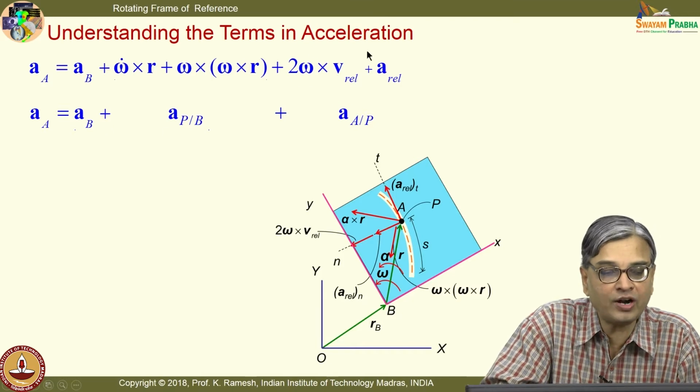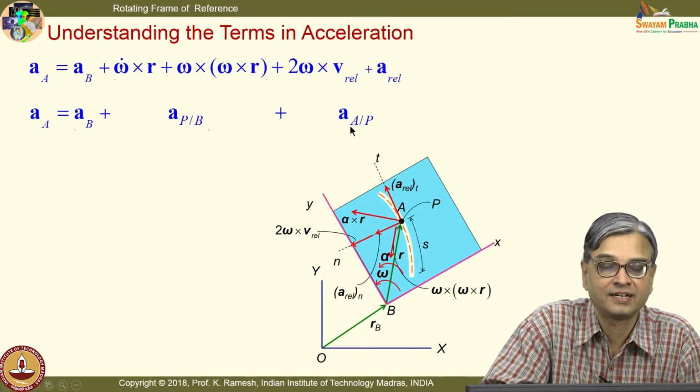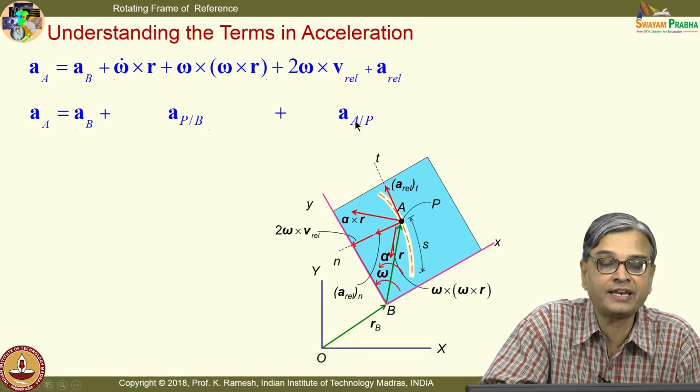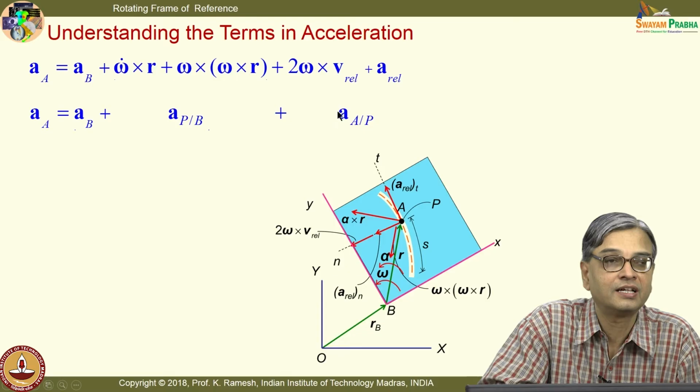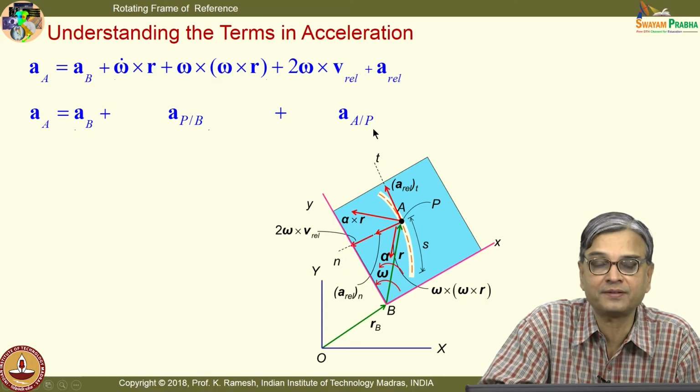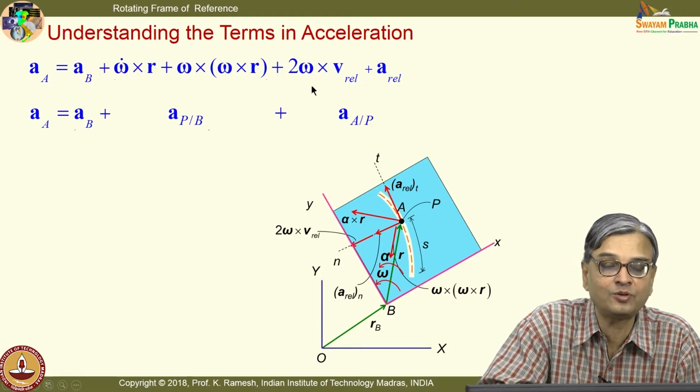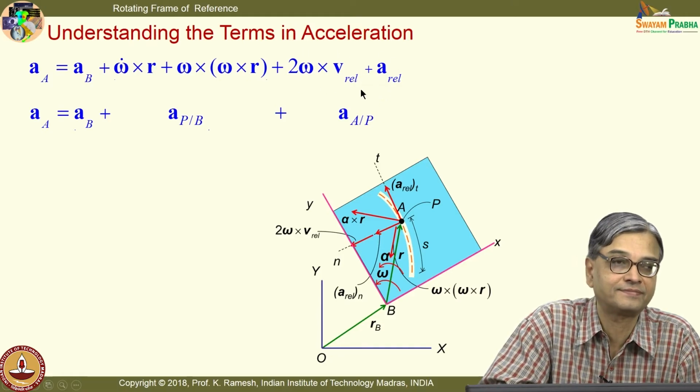And these two quantities refer to the relative acceleration between point A and point P. If you look at the velocity, I had V rel and this was also V A with respect to P. In addition to that, I have another term, 2 omega cross V rel.